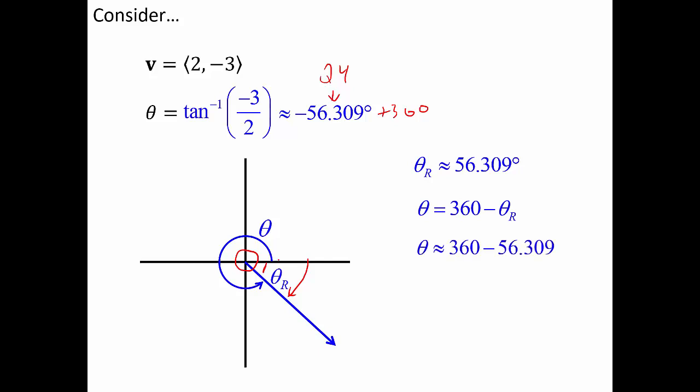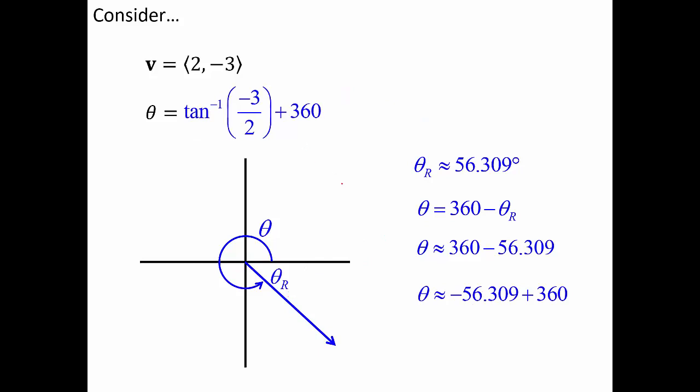And just like I did before back in quadrant 2, this is what I have, but reorder the terms. Negative 56.309 is this guy right here. So if I just build that into the problem to begin with, then I don't have to worry about making the adjustment after the fact. And in this case, it spits out 303.690, which again is between 270 and 360, a true fourth quadrant angle.